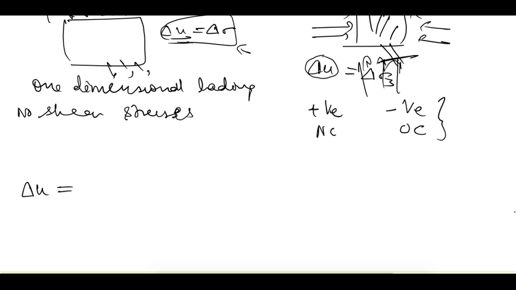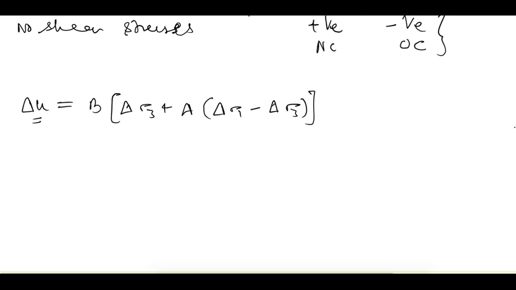So according to that, the increase in pore water pressure is given as Δu = BΔσ3 + A(Δσ1 − Δσ3). If we want to break this equation in two parts, we can write Δu1 is equal to BΔσ3 and Δu2 is equal to BA(Δσ1 − Δσ3).